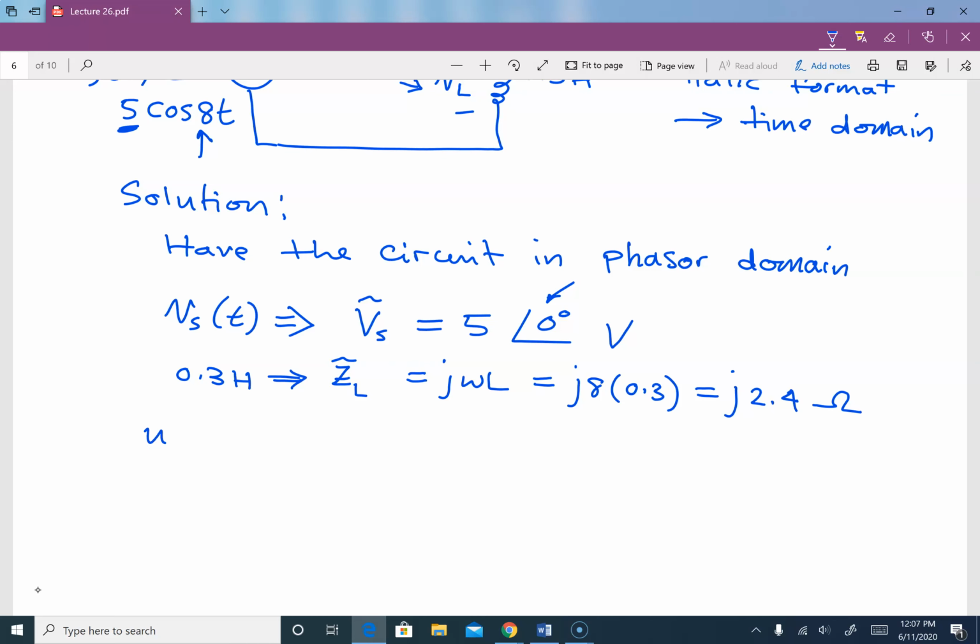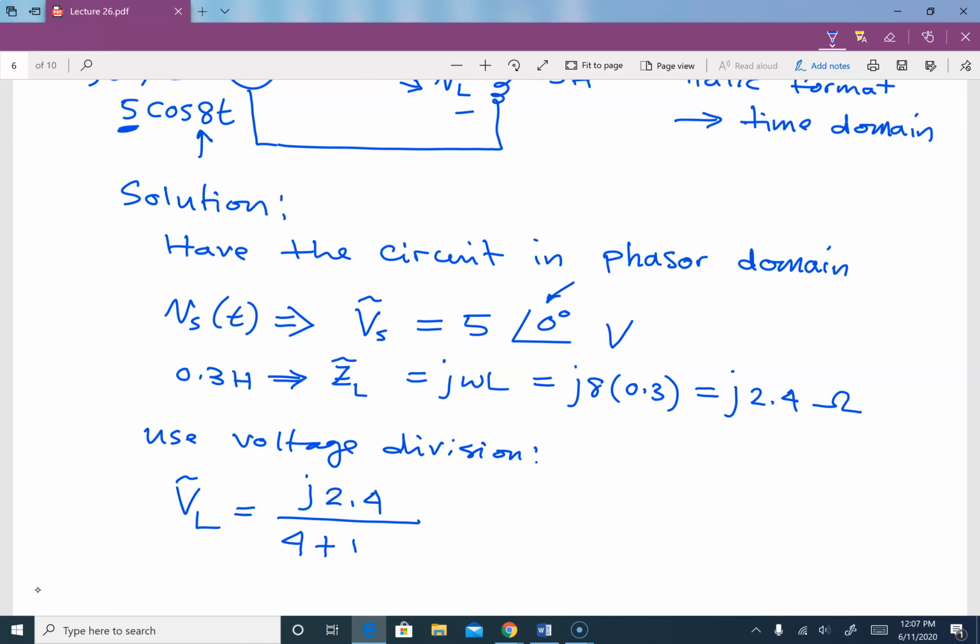So we can get our VL is equal to j 2.4 divided by the total impedance, that is 4 plus j 2.4, multiplied by the input voltage Vs, that is 5 with angle 0.